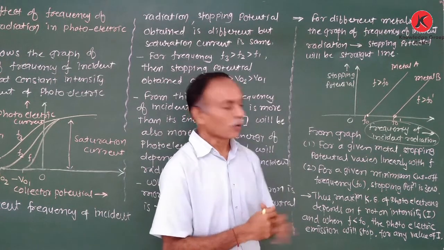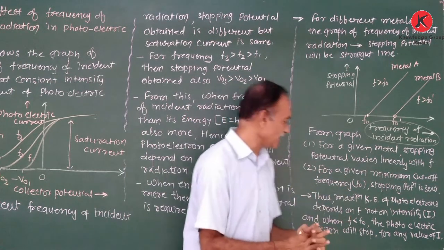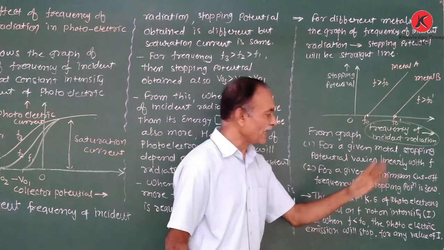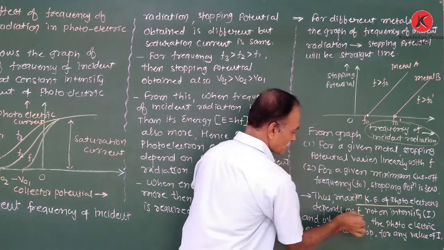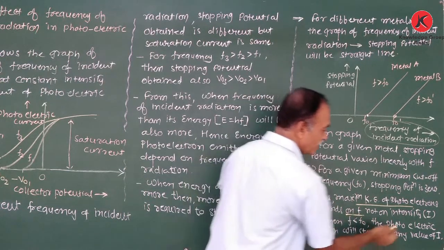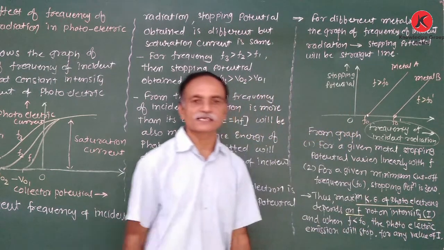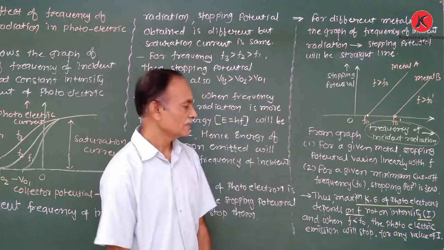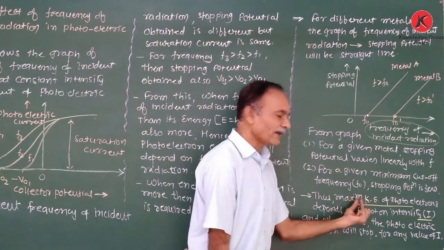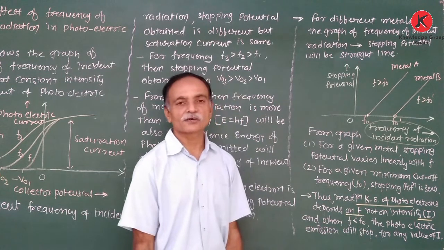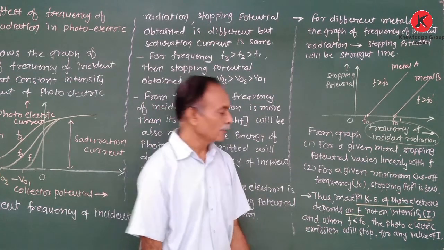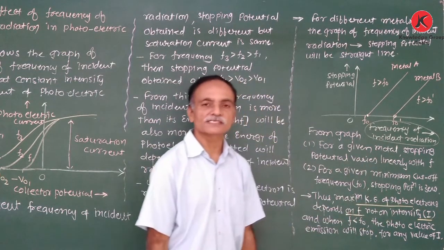Now the whole conclusion of this discussion is that the maximum kinetic energy of the photoelectrons depends on the frequency of incident radiation, not on the intensity of incident radiation.